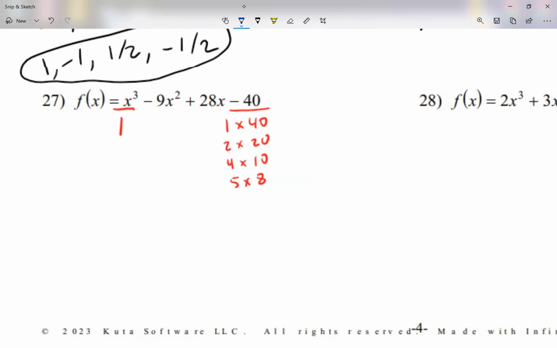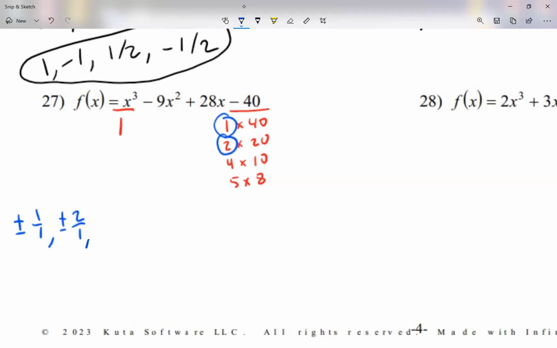So let me use this 1 first. The cool thing is that my first one is just a 1, so everything's going to be over 1. So my possible zeros are plus or minus 1 over 1. Let me use this 2 now: plus or minus 2 over 1. Now let me use this 4: plus or minus 4 over 1.